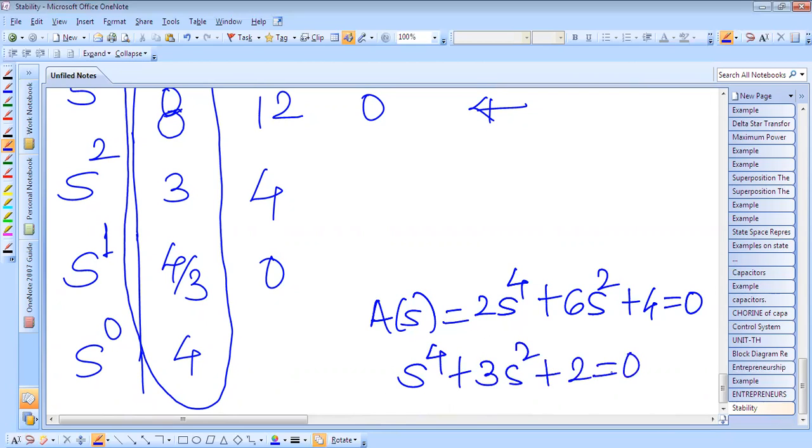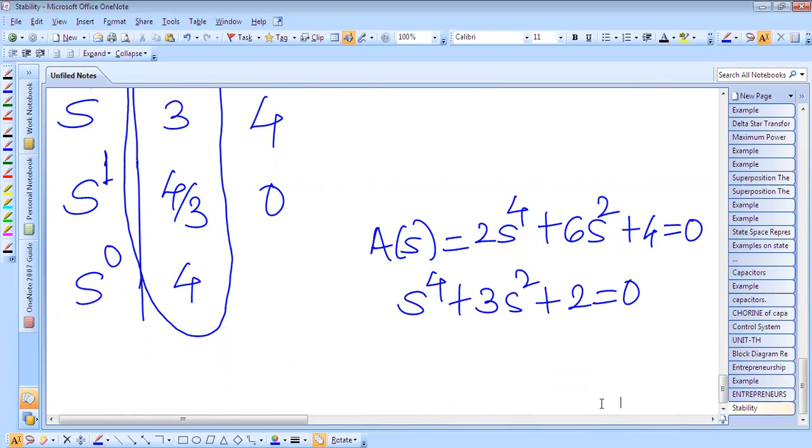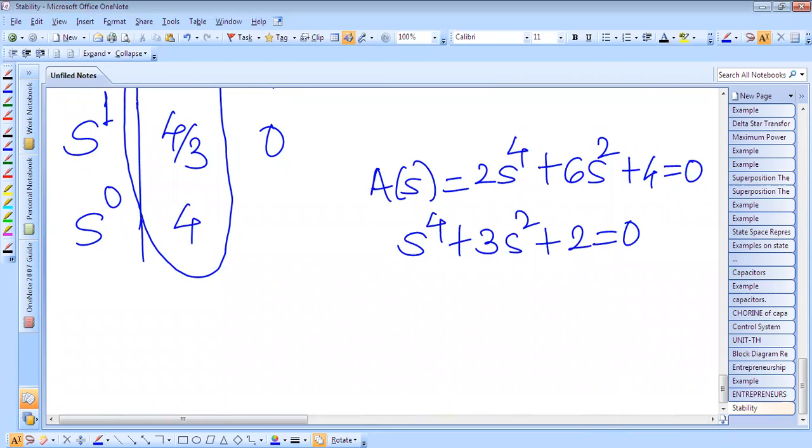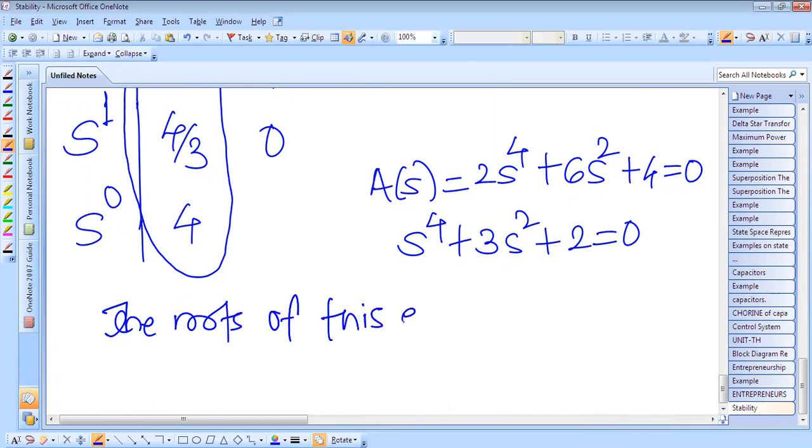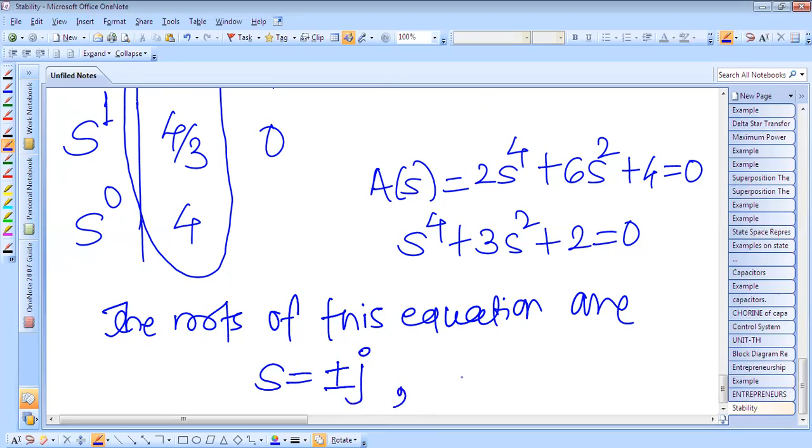So we have to find the roots of this equation, and the roots of this equation, if you find, we'll get s is equal to plus minus j and plus minus root 2.